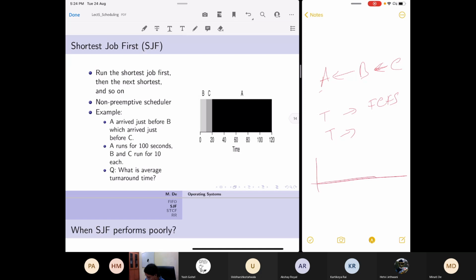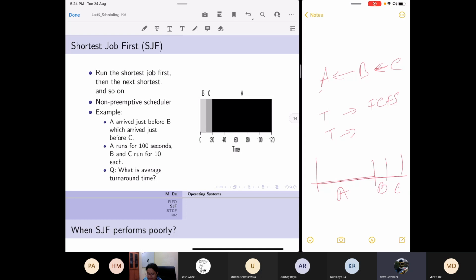First this is the big job A, then small B, then small C, right? So with respect to turnaround time, average turnaround time, shortest job first performs better, right? Or not? It is lesser.